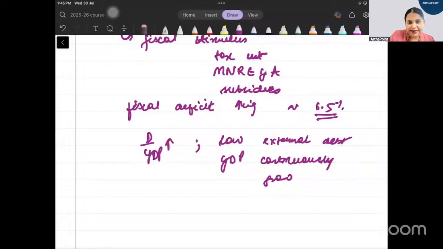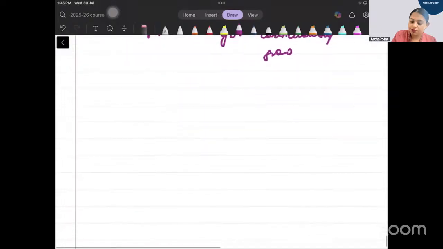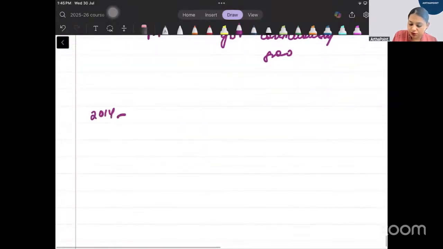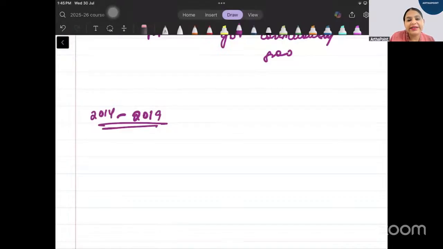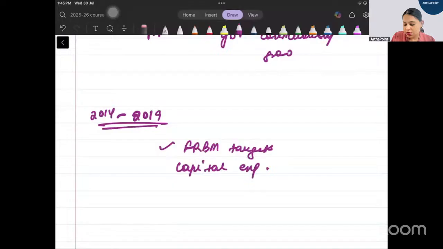Then after that, we had the period of 2014 to 19. In 2014 to 19, the government again aimed at returning to FRBM targets, and it thought that we will only do capital expenditure led growth.